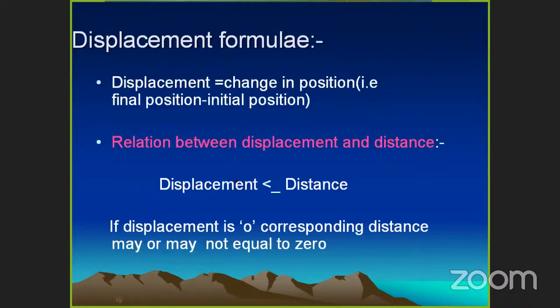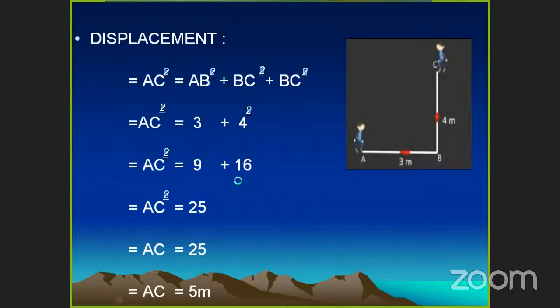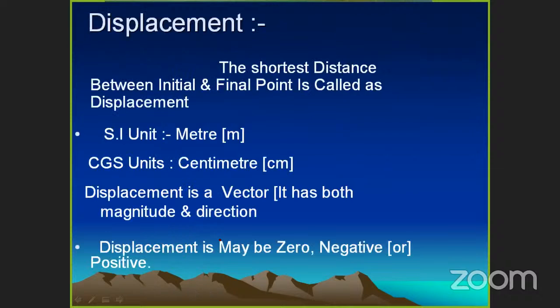Displacement is a vector quantity. And displacement may be 0, negative or positive.